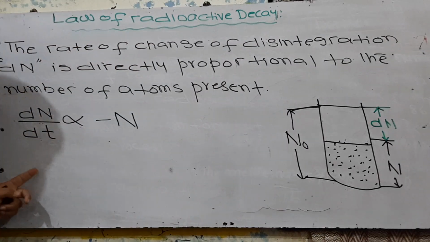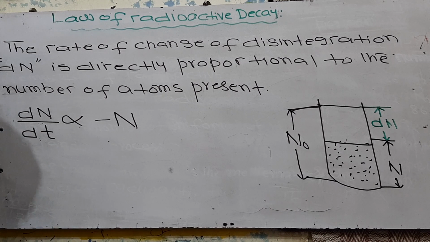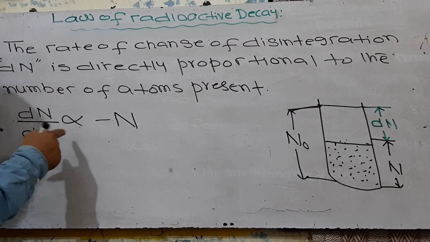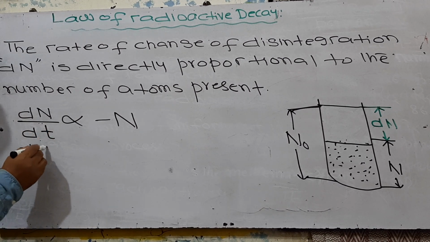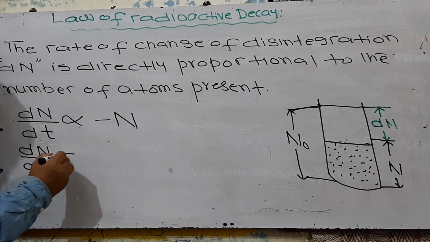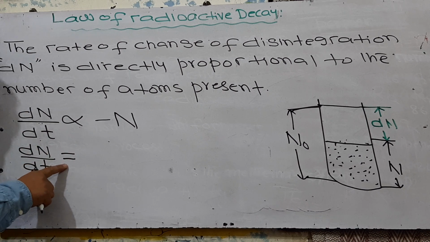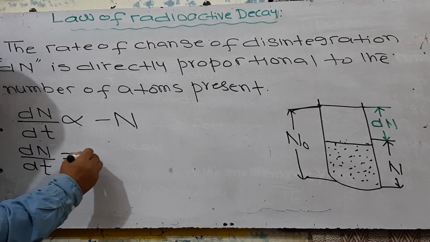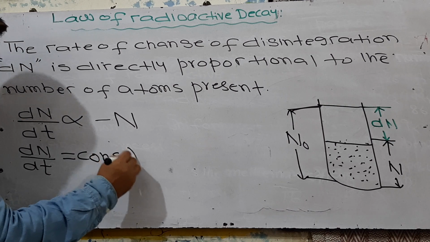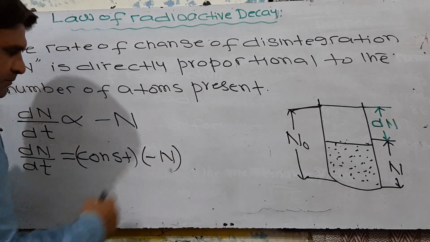So dN over dt is directly proportional to minus N. When we eliminate the sign of proportionality, we introduce a sign of equality and a constant.